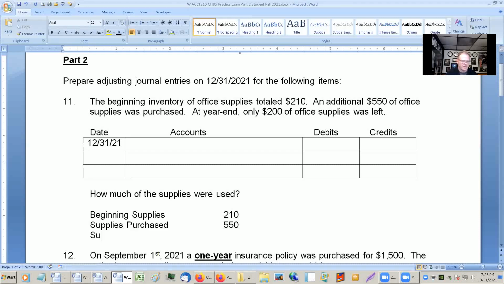I think that is right. So supplies available would have been 760, minus 200.